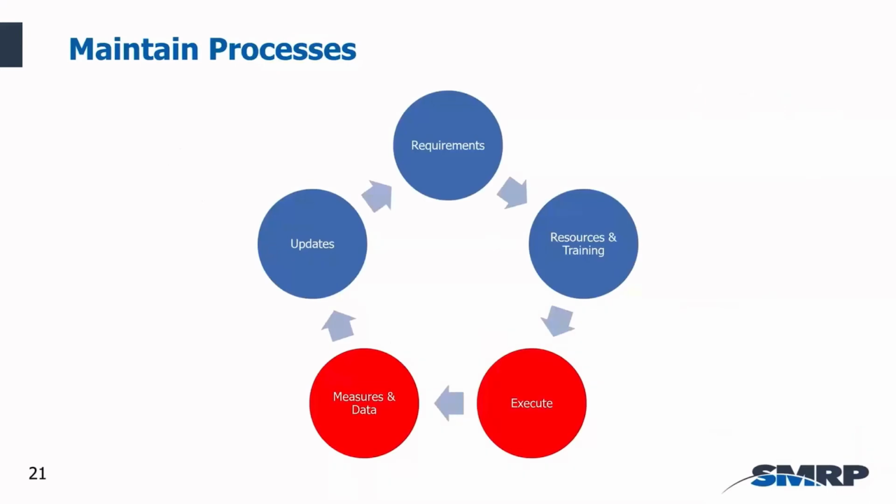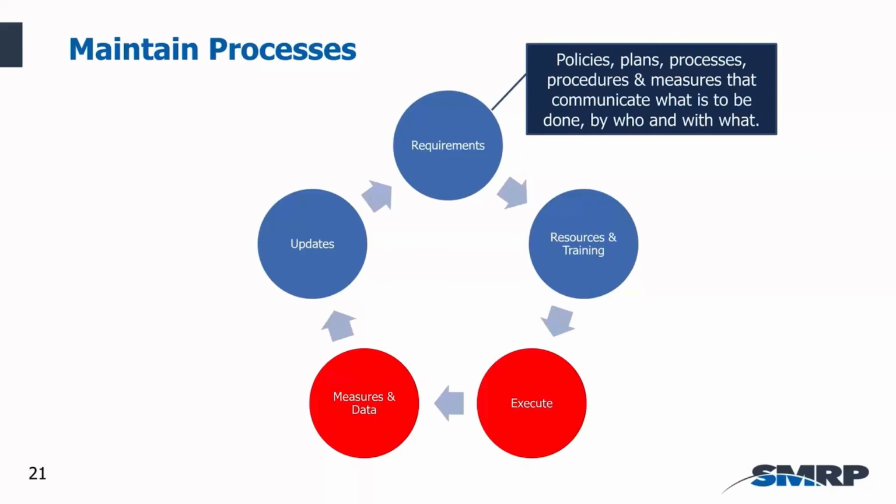So this is kind of a diagram where we can think about how this maintaining process works. So we start out with requirements. And again, these are the policies, plans, processes, procedures, and measures that communicate what is to be done, by who, and with what.